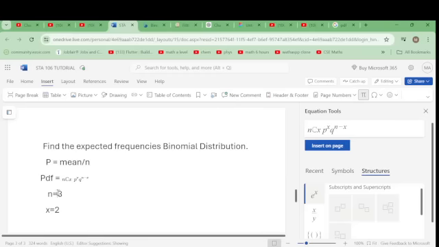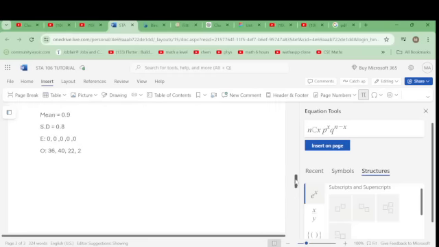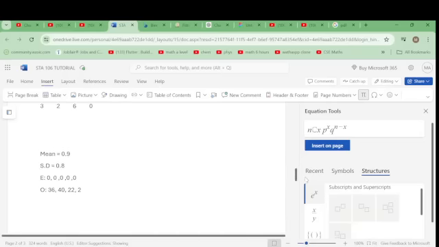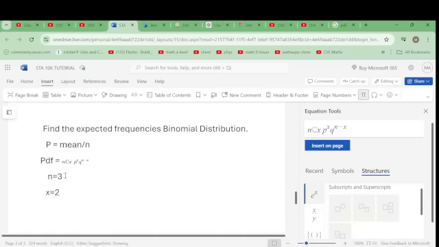We say p equals mean divided by n. We find our mean, that's why we said we must find our mean. We found our mean to be 0.9. So our p equals 0.9 divided by 3, which equals 0.3.